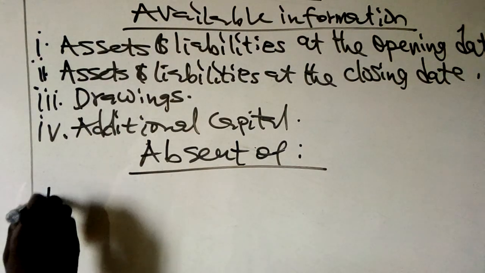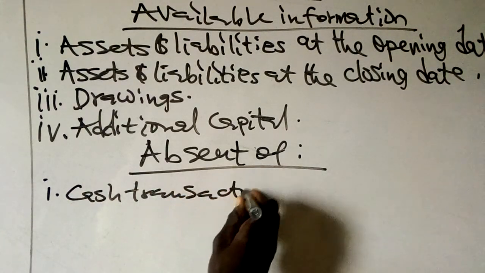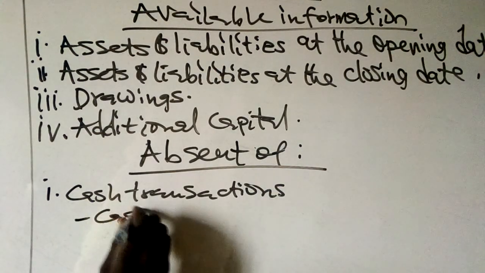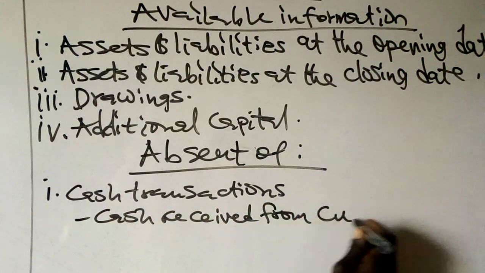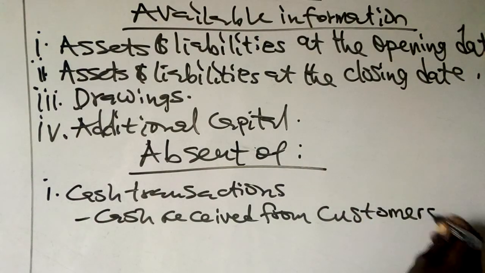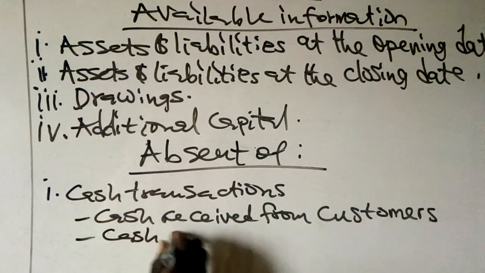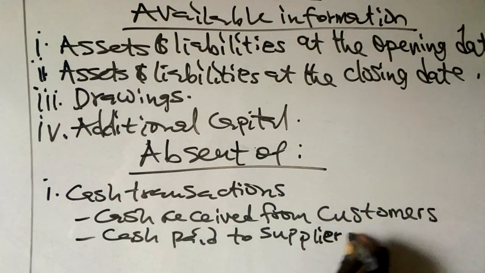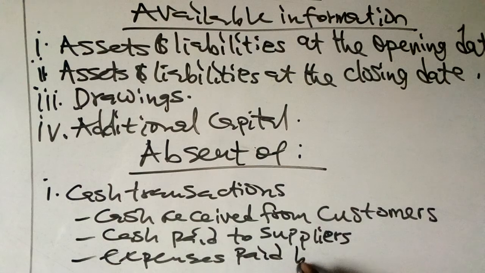Number 1, you will not be given the cash transactions, such as cash received from customers, cash paid to suppliers, or expenses paid by cash.